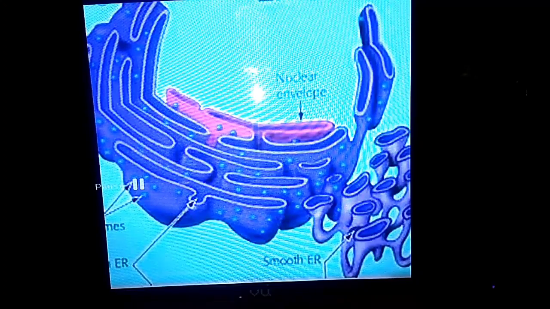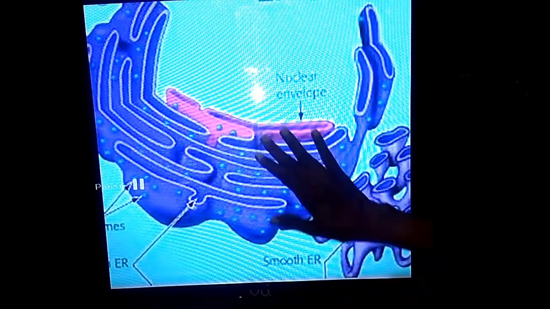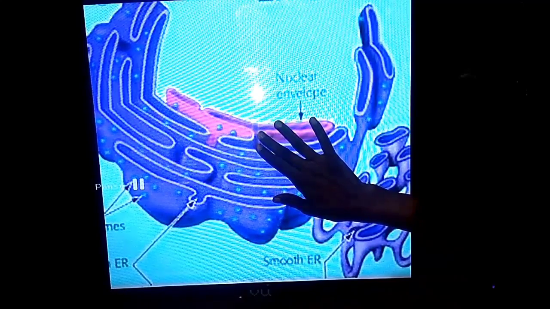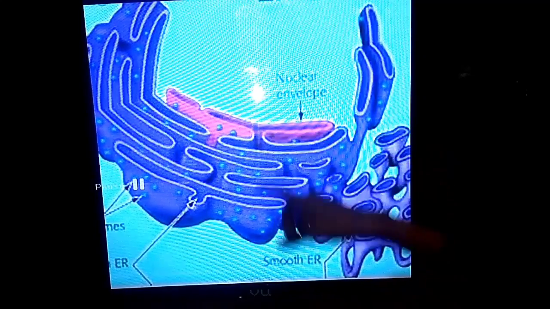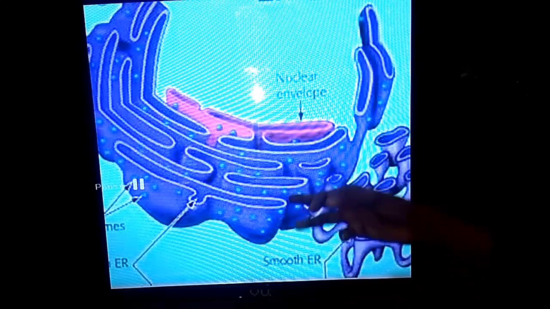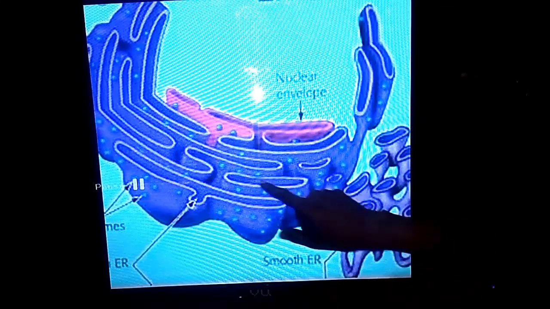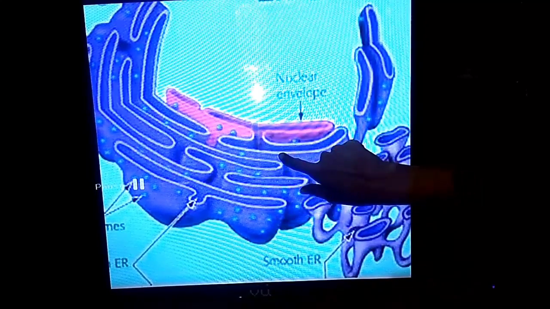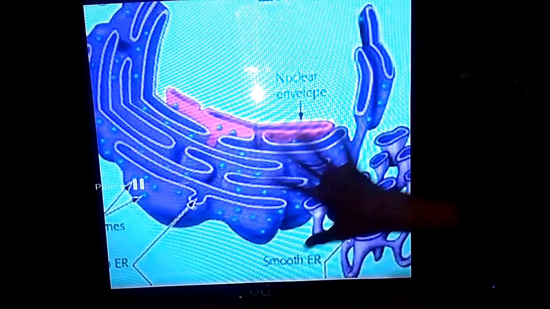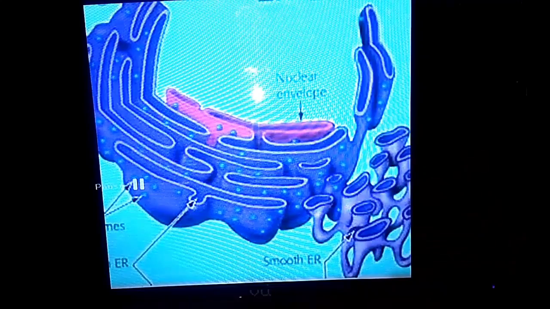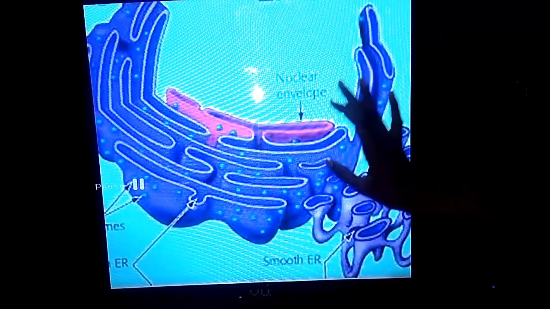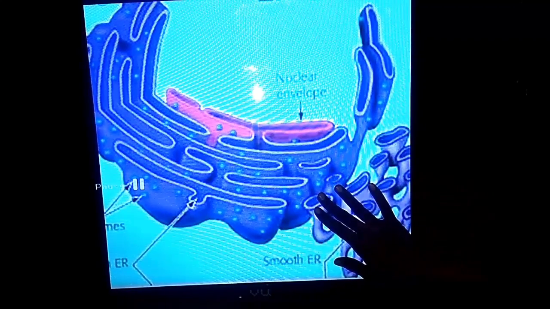They are mostly responsible for transportation of proteins and carbohydrates to other organelles, including lysosomes, Golgi apparatus, and plasma membrane. Because of the folded structure, they provide increased surface area for cellular reactions. This sums up the function of the endoplasmic reticulum.